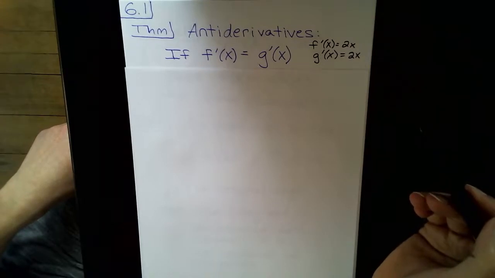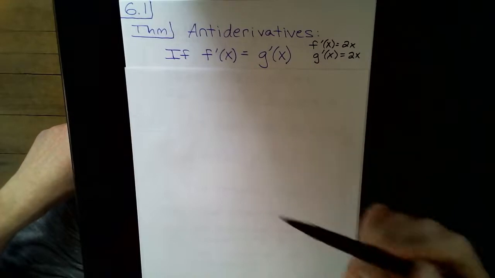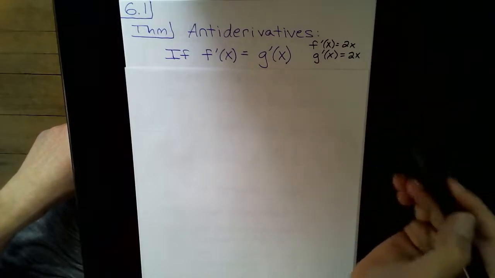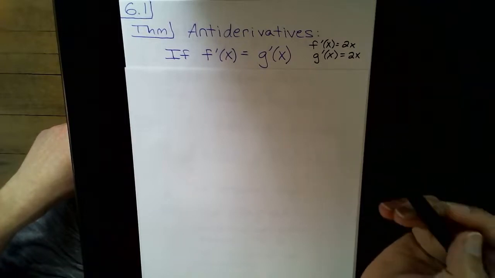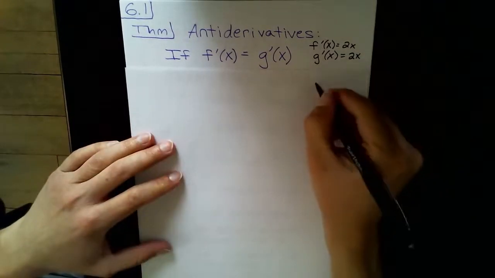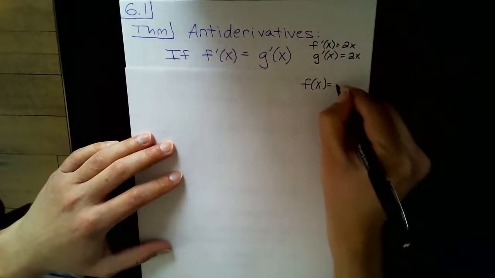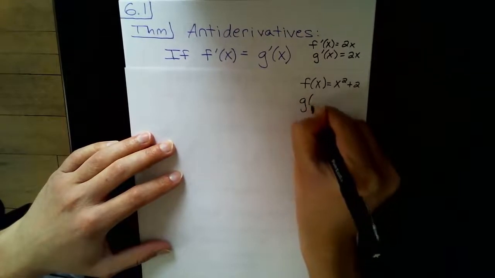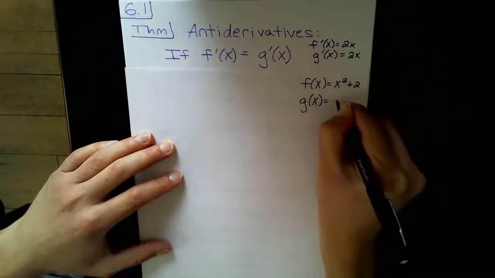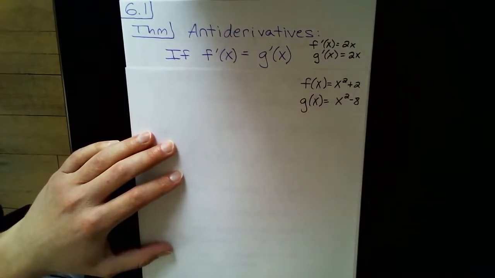then what does that tell us about the original functions f of x and g of x? Can we really say that f of x and g of x are both equal to x squared? Not really, because f of x could be equal to x squared plus 2, and g of x could be equal to x squared minus 8.